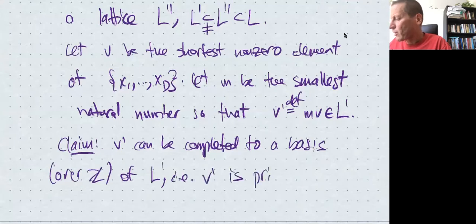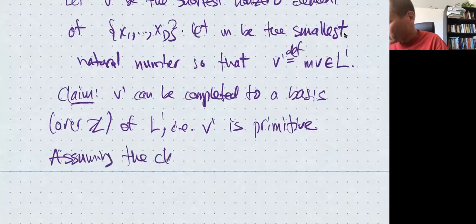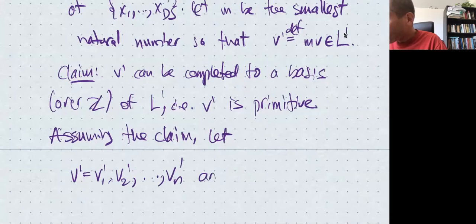We had a notion of what it means for a vector to be primitive in the previous lecture, and that just means that it can be completed. Let's assume this claim. So if I assume the claim, then let's suppose that V prime, I just want to call it, say V1 prime, and then V2 prime, dot, dot, dot, V1 prime and so on are a basis of L prime.